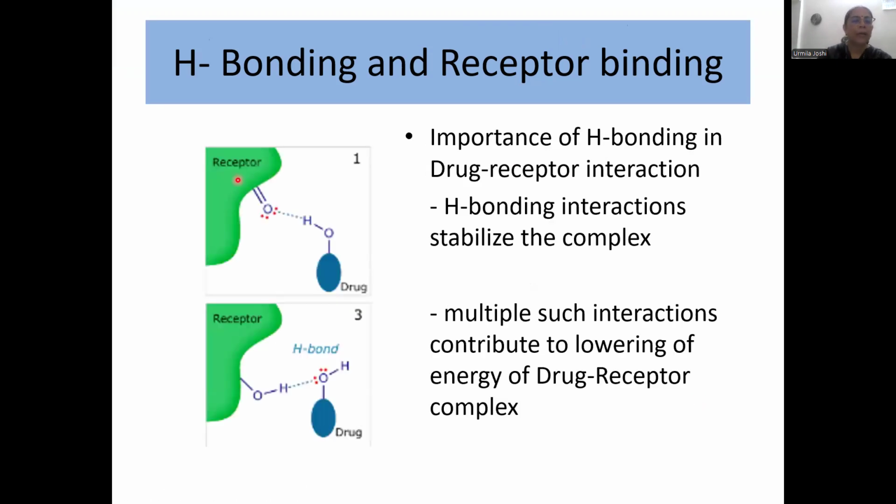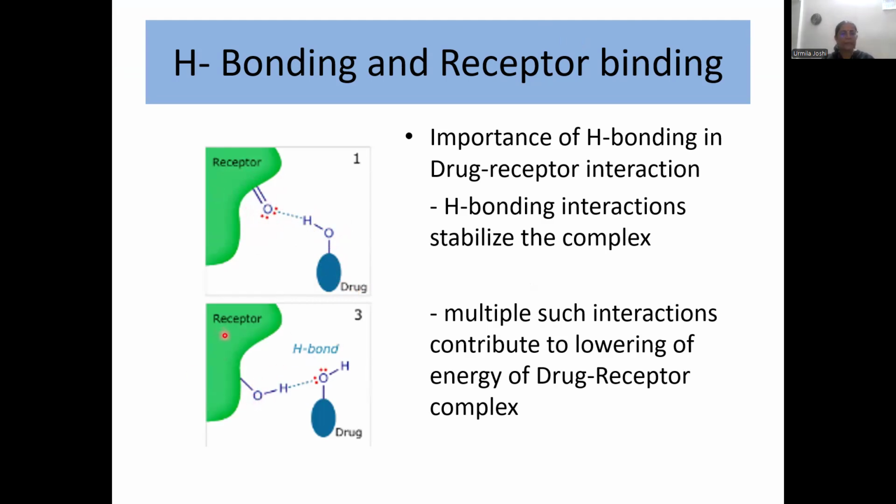Just see how, if this is the receptor and this is the carbonyl group of the peptide bond, and this is a drug and this is the OH group of the drug, this OH acts as a hydrogen bond donor and forms a hydrogen bond with the carbonyl oxygen.